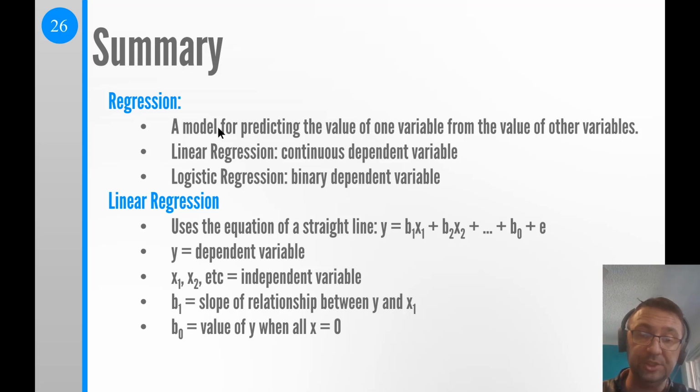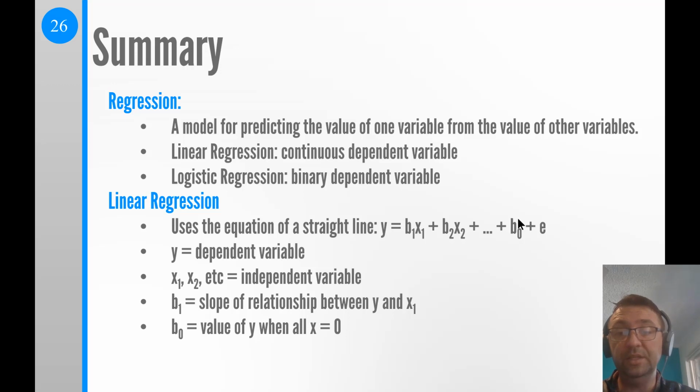In a linear regression, we use the equation of a straight line. So we say y, which is our dependent variable, equals this equation, which looks awful and complicated, but actually it's not. x1 and x2 are the values of various variables in your model.